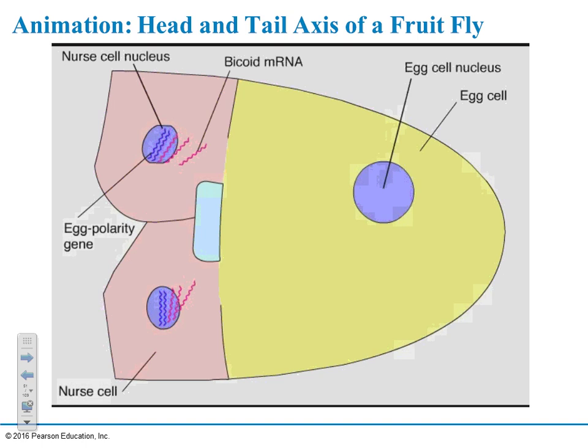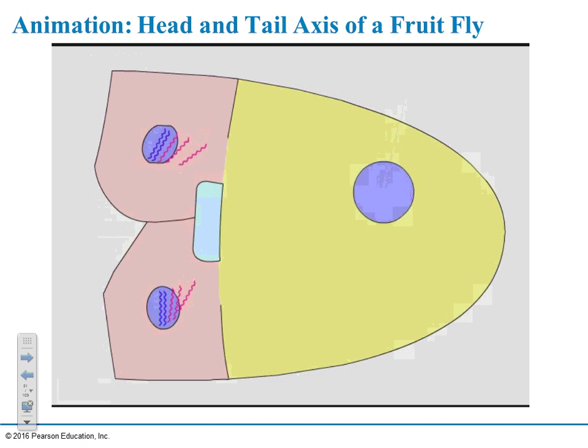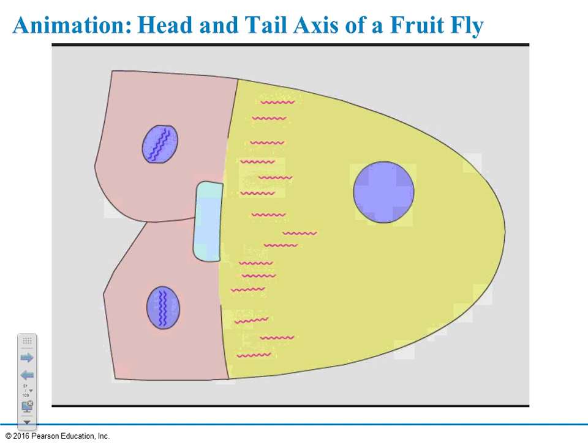This gene is active, mRNA is made, in the nurse cells that surround the developing Drosophila egg. The bicoid mRNA, once transcribed, is deposited into the Drosophila egg asymmetrically. More bicoid mRNA is deposited at one end of the egg than the other.